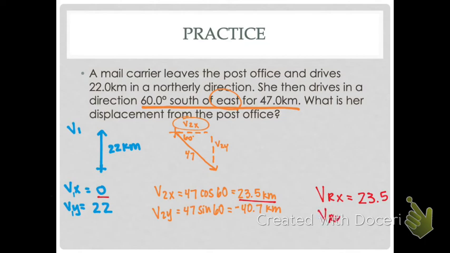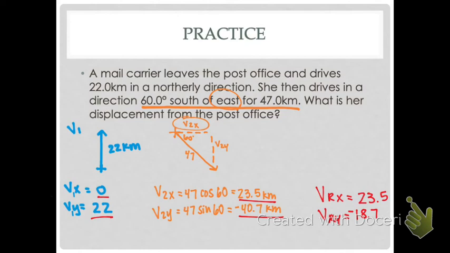The resultant y component, negative 40.7 plus 22. Right? I'm adding all my x's and adding all of my y's. Okay, I've added all my x's and added all of my y's. Okay, and I called them R just because they're the components of my resultant vector.